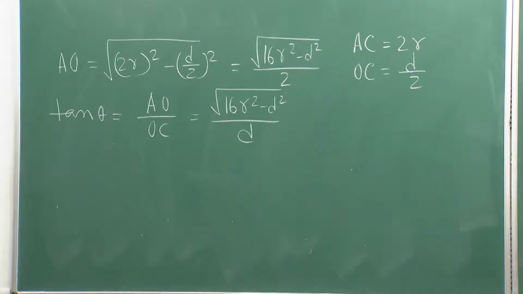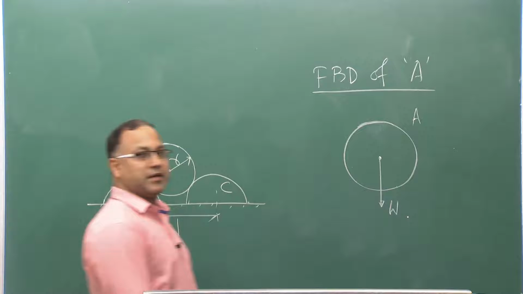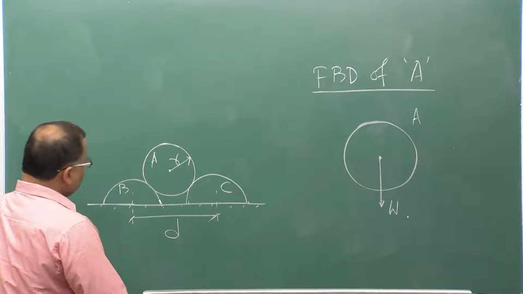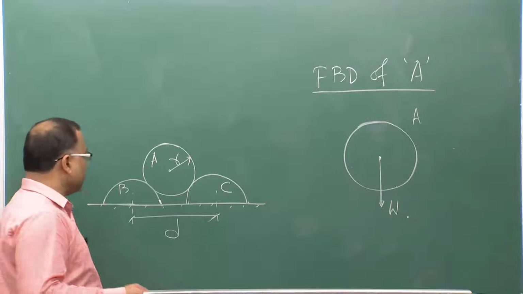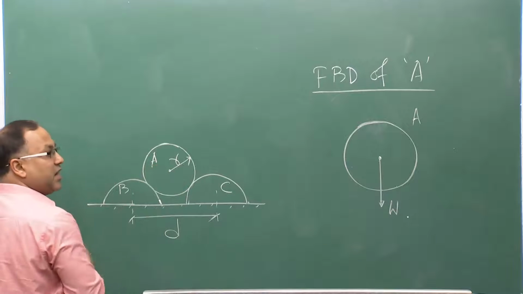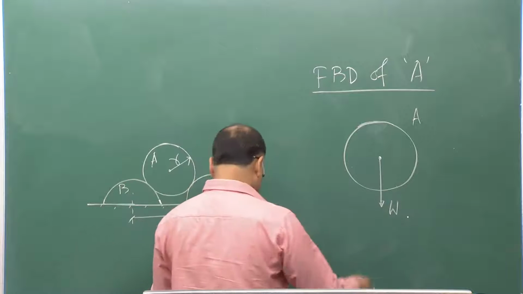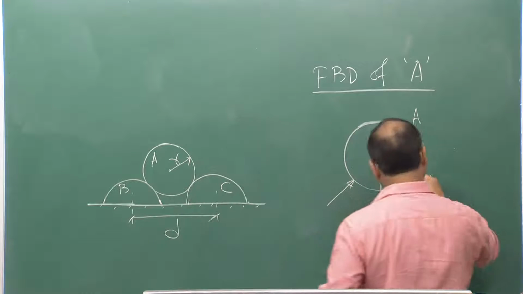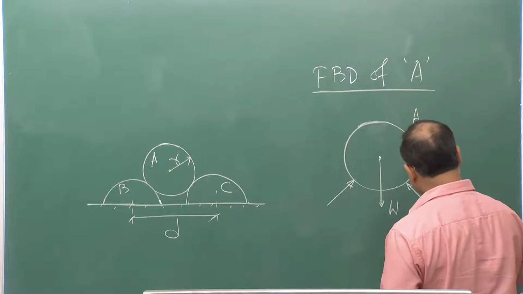The first one is vertically downward, that is W, the weight of the cylinder, and then there are two reactions applicable at the interfaces. B will give some reaction to A, as well as C, and they will be the same in magnitude because everything is symmetric.